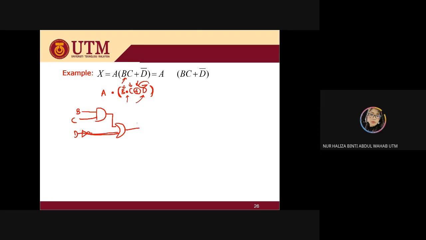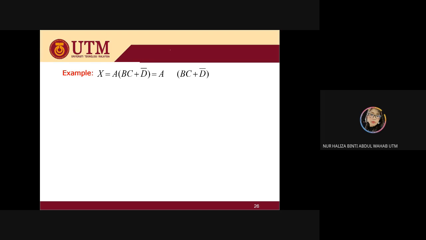Then we have this output over here for this factorized part. This output will be combined with the AND gate, and our input will be the A. So this is how I always show you how to draw from Boolean expression to the circuit.